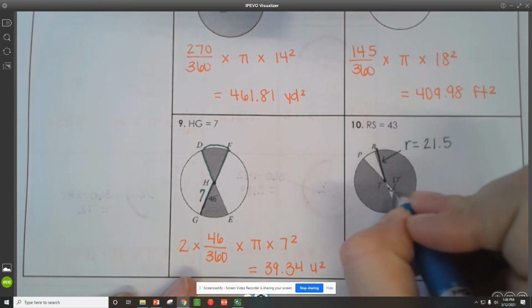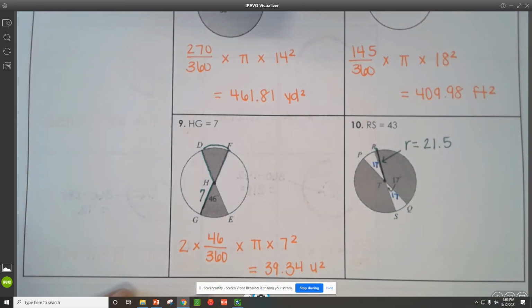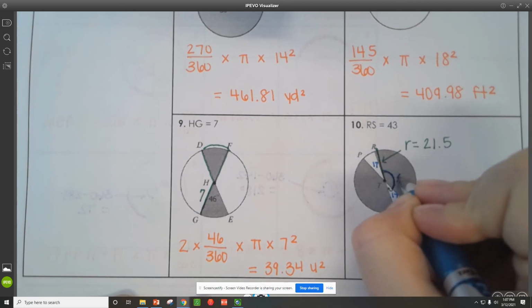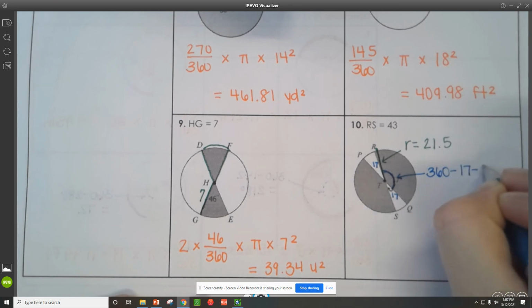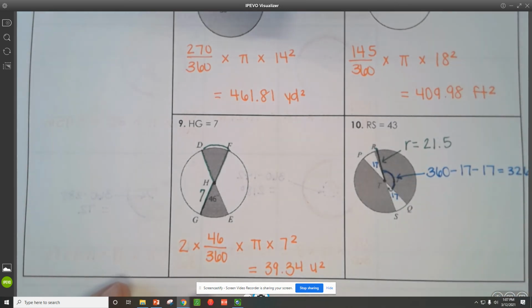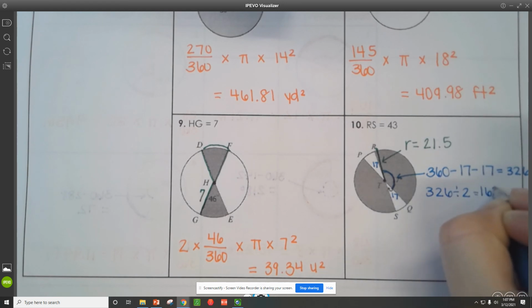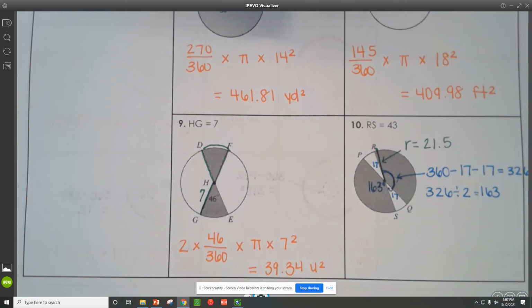So if this is 17 degrees, we really want to know this. So we need to do 360 minus 17 minus 17, which is 326. So all of the gray together is 326. If I take that and divide by 2, we get 163. So each side is 163 degrees.